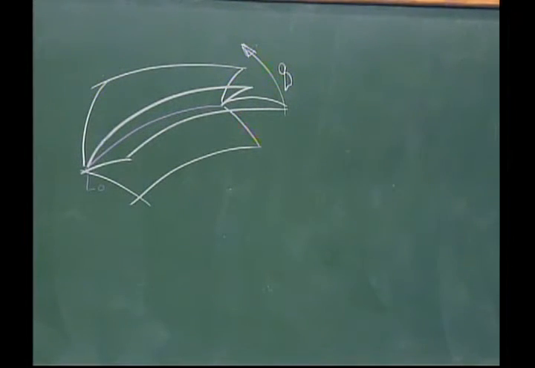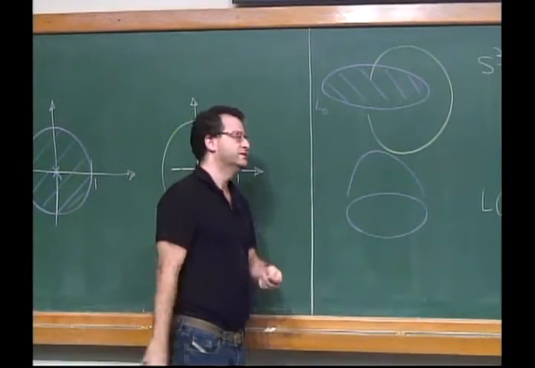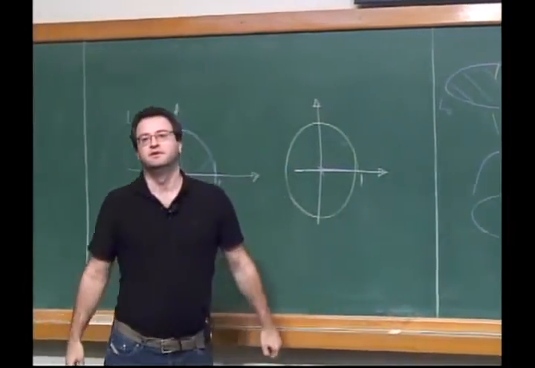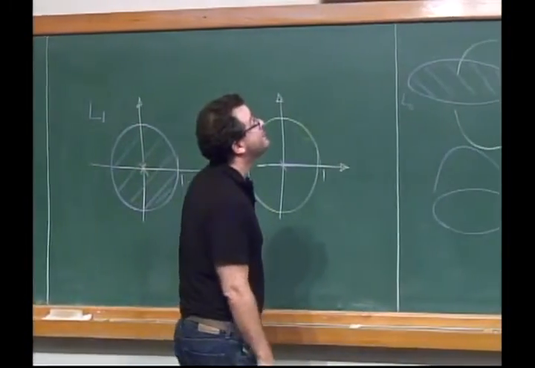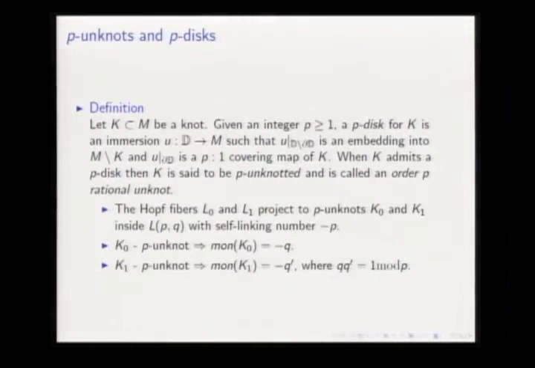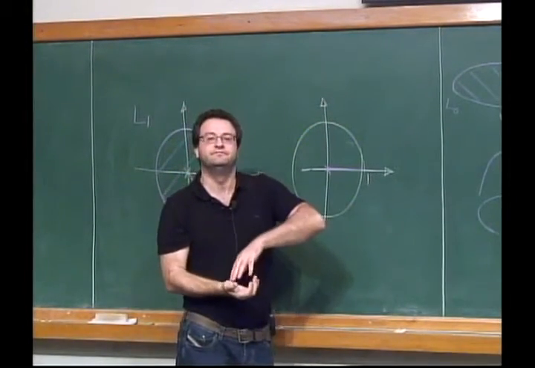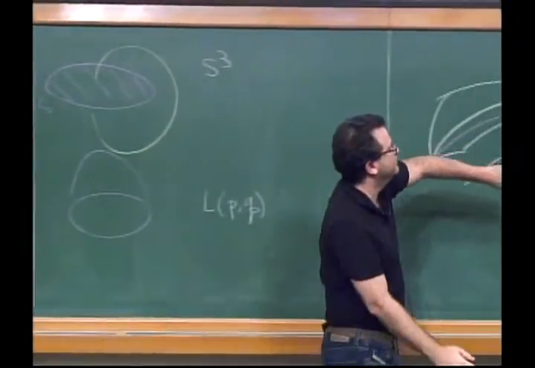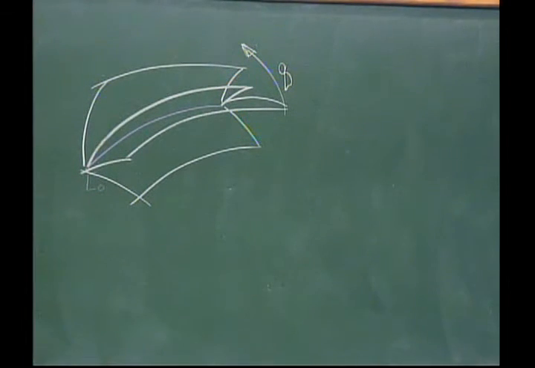So that's what we call a P disk, and so downstairs this knot here is called P-unknotted because it admits this embedded P disk which P covers it in the boundary, but in the interior it keeps being embedded. Now we could do the same thing to this other orbit here, and also the projection will cover P times, but now this number Q is not exactly Q, it's the inverse of Q mod P. It's always this inverse.